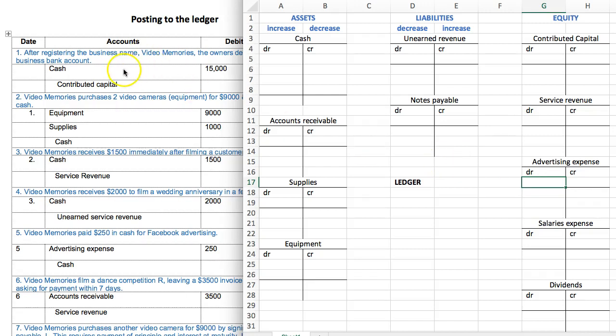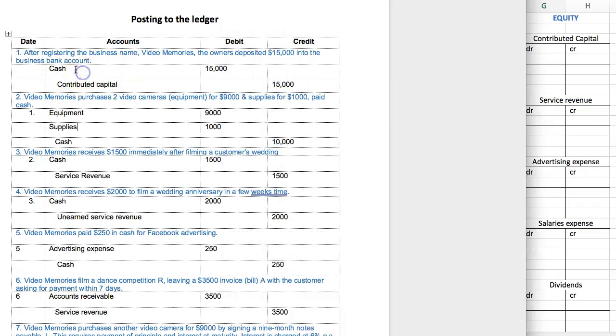Okay, so I'm now going to demonstrate how to copy the information from the journal into the ledger, and I want you to do this with me. Having a look at number 1, we have cash debit and contributed capital credit. For some reason these numbers here have moved a little bit, but that's not too much of a big deal.